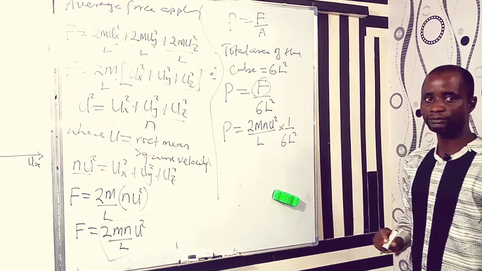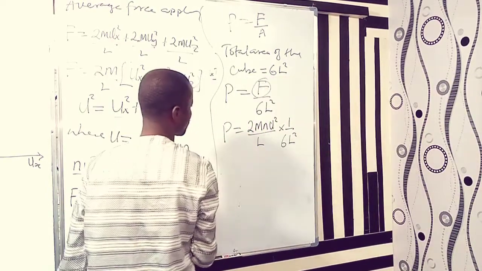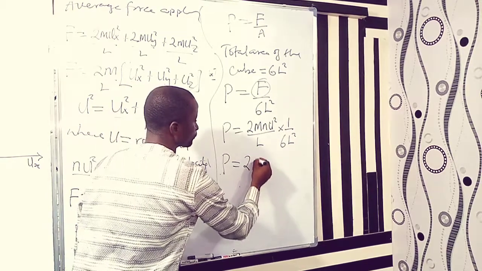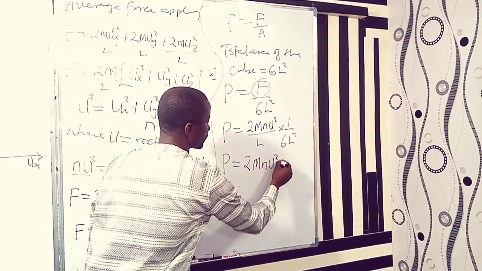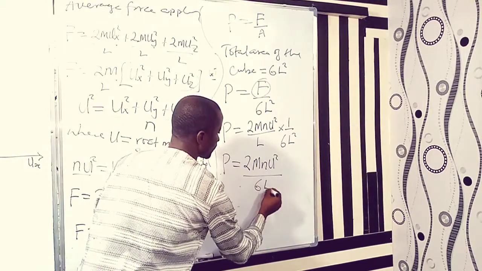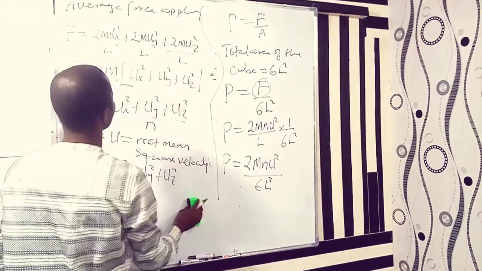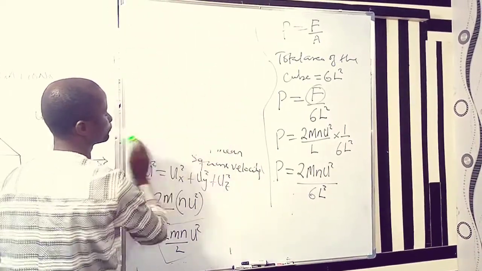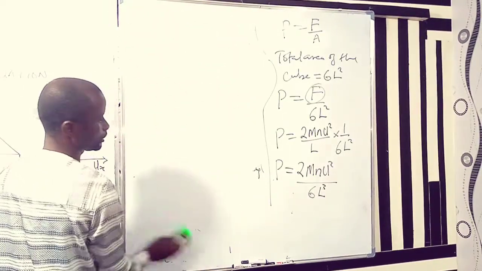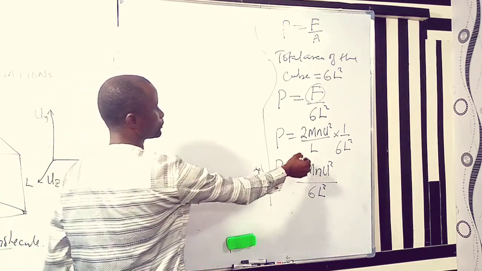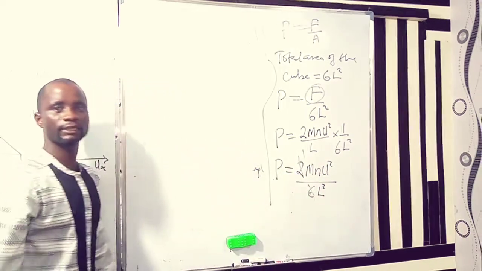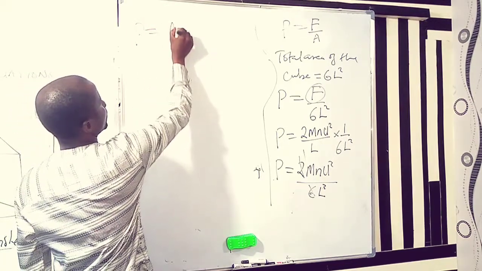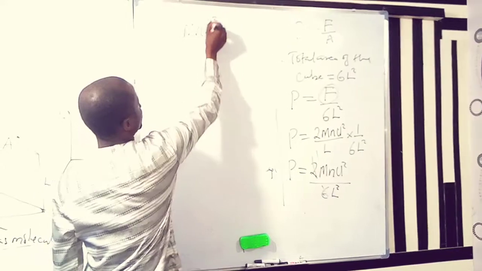L times L squared is L cubed, so P now equals 2mNu squared over 6L cubed. Now from this angle, 2 goes into 2 once, and 2 goes into 6 three times. Therefore, we have pressure now equal to mNu squared over 3L cubed.